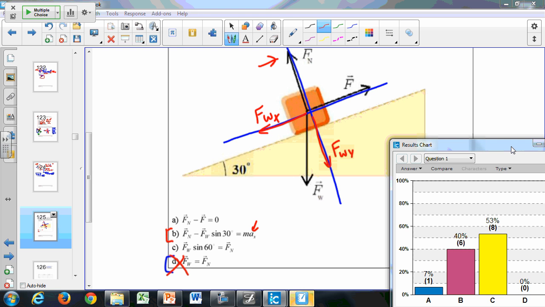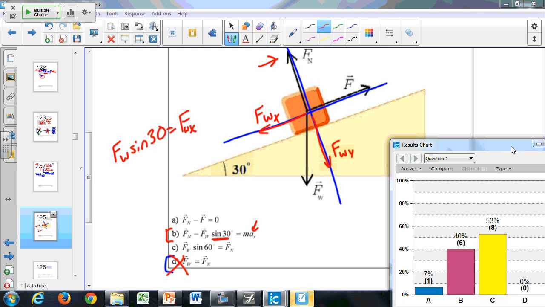The other thing is, the reason a lot of you put this probably is because you have this sine term here, but notice this is the sine of 30 degrees. And FW sine 30 is actually equal to the x component of the weight, FWX.